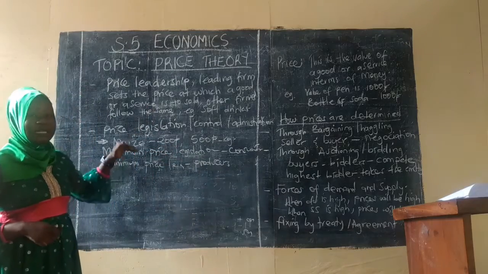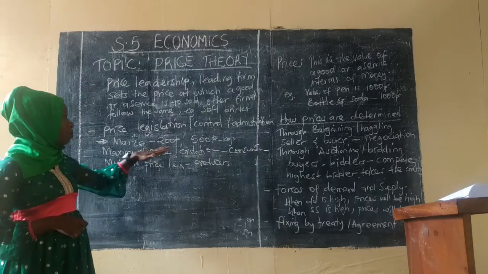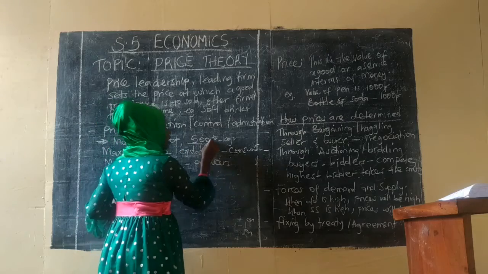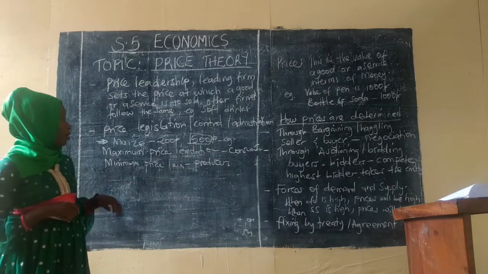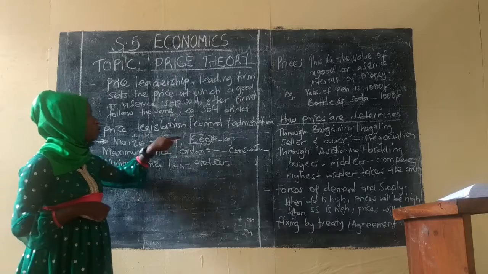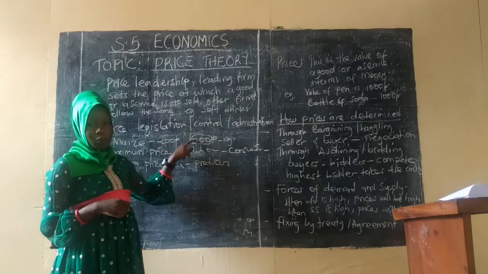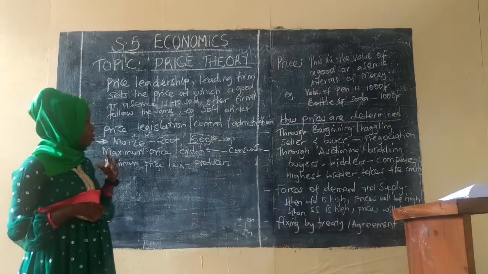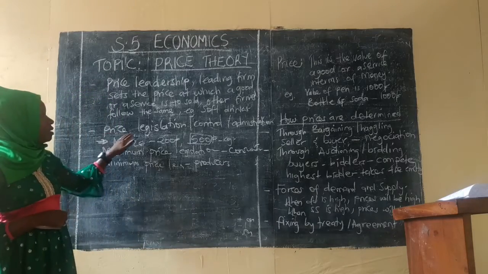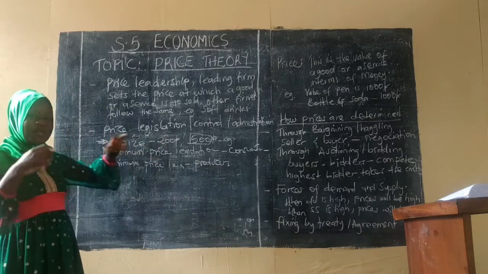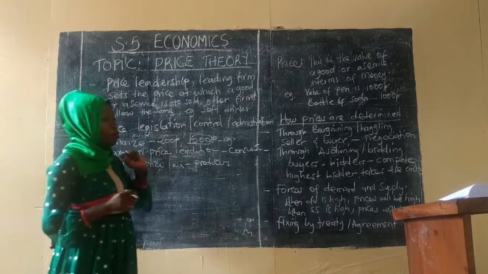But when government came and intervened, they put the kilo at 500 shillings, meaning that whether you're a buyer or a seller, you're not supposed to sell below this price. It is intended to protect the producers. We call it price legislation, whereby we see government intervention in determining prices.